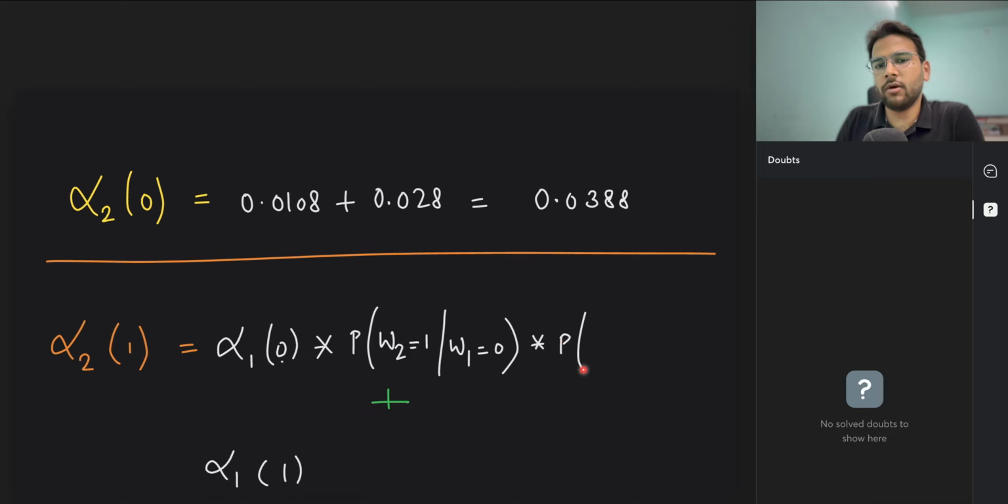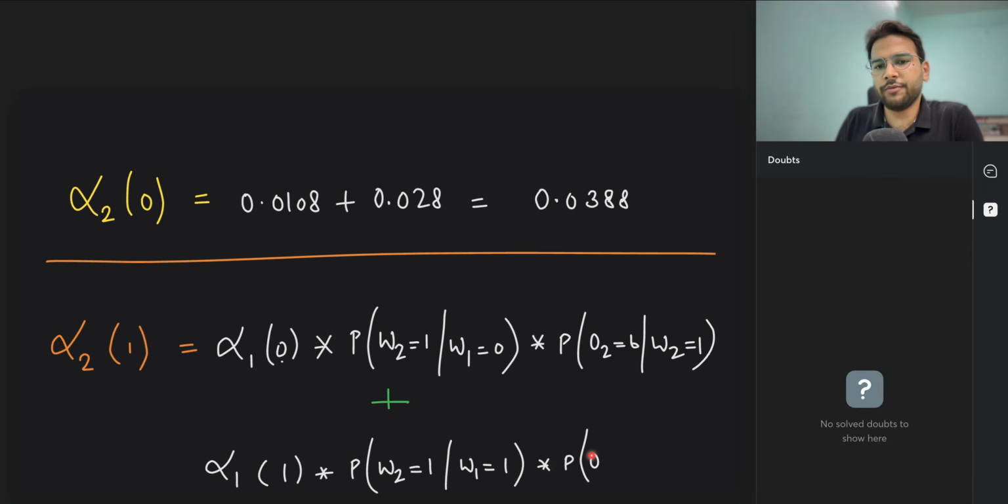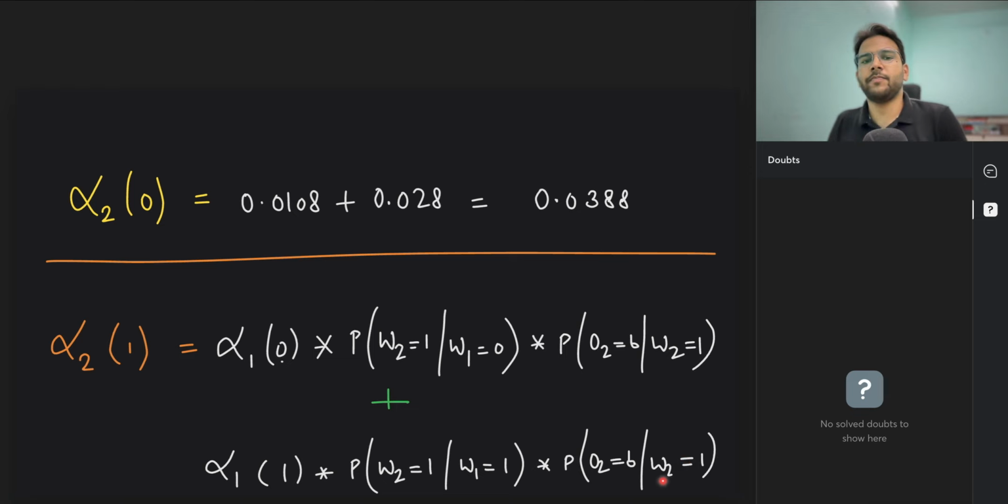Multiply by probability of O2 is equal to B given W2 is equal to 1. I hope you have written the same thing. Probability of W2 is equal to 1 given W1 is equal to 1, multiply by probability of O2 is equal to B given W2 is equal to 1. Correct?